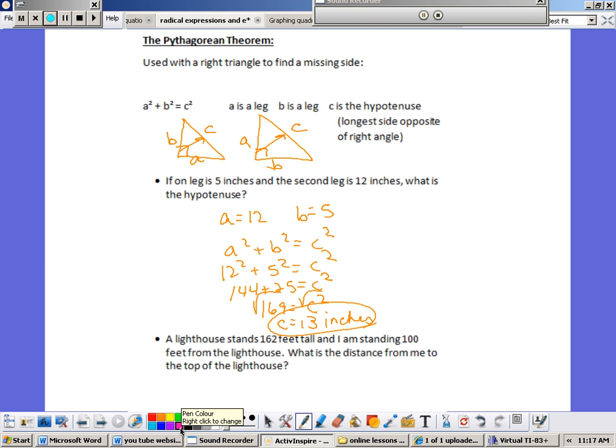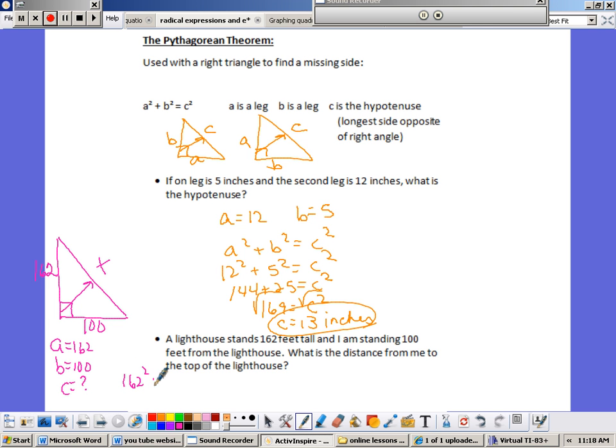A lighthouse stands 162 feet tall. I'd like to draw a picture, and I'm standing 100 feet from the lighthouse. What is the distance from me to the top of the lighthouse? So I have A is 162, B is 100, C is question mark.